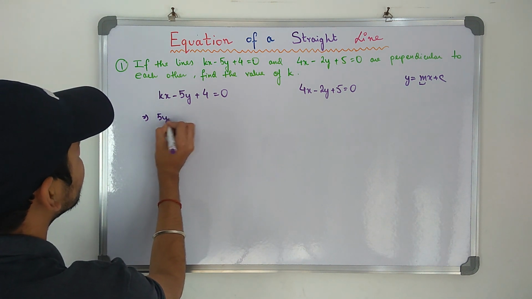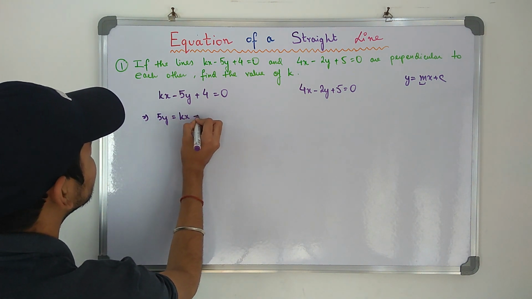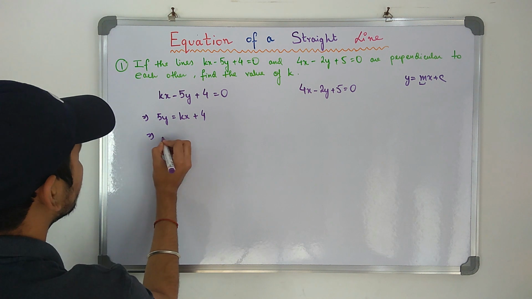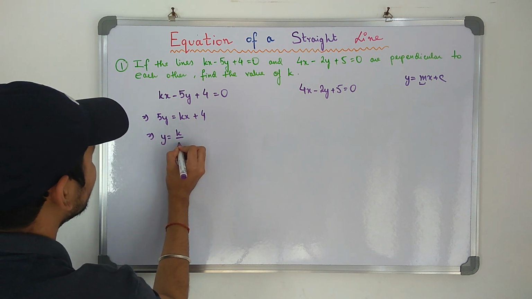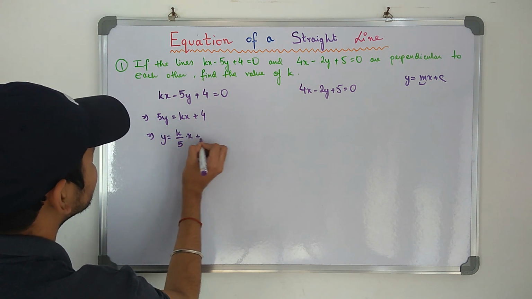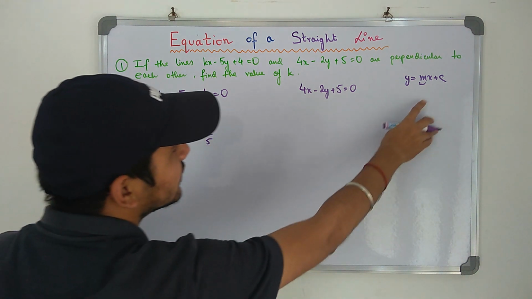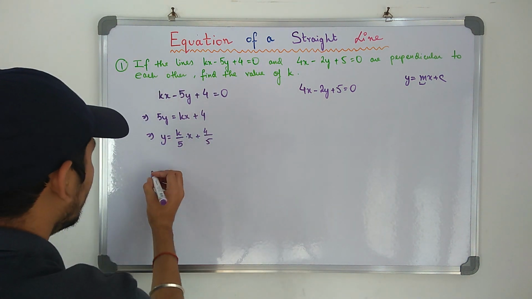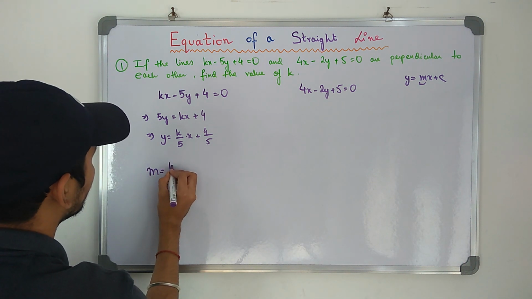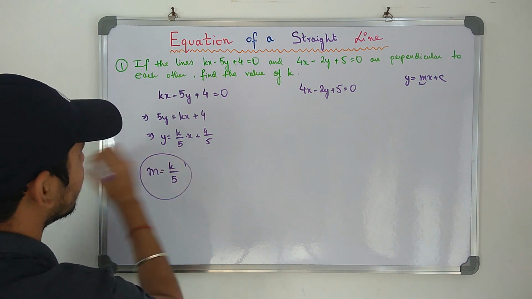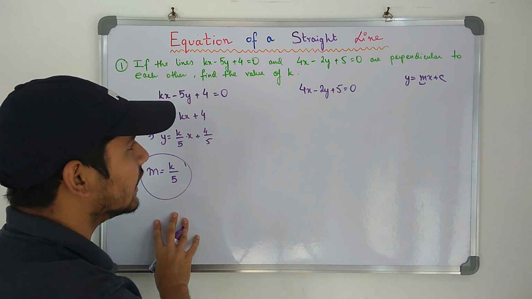We get 5y is equal to kx plus 4. Therefore y is equal to k by 5 into x plus 4 by 5. So if I compare this with y is equal to mx plus c, I get the value of m is equal to k by 5. This is the slope of my first line.